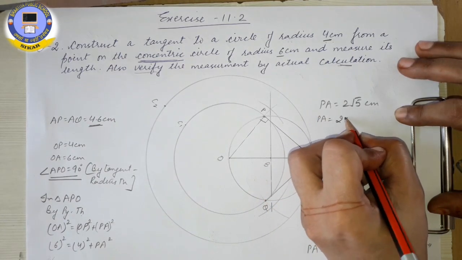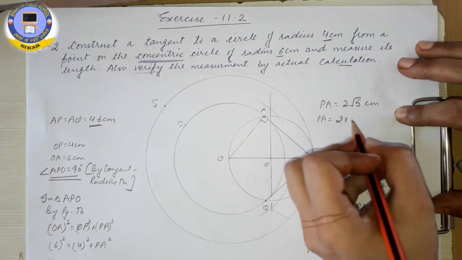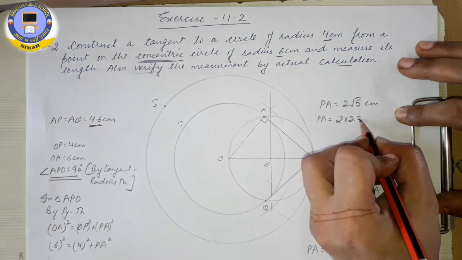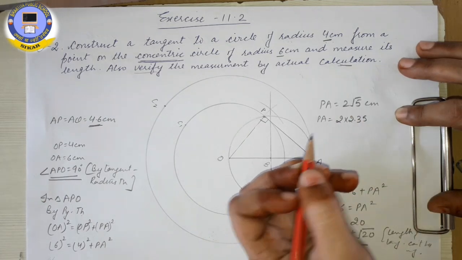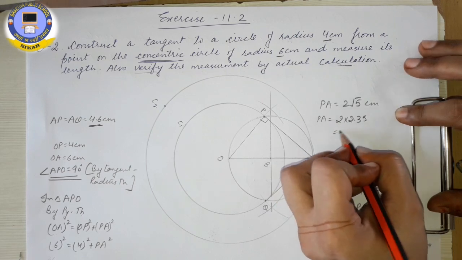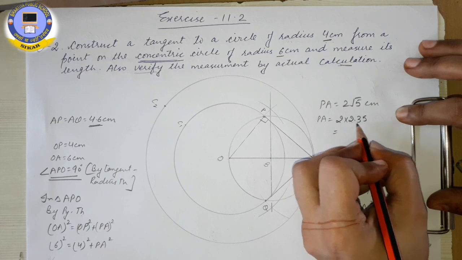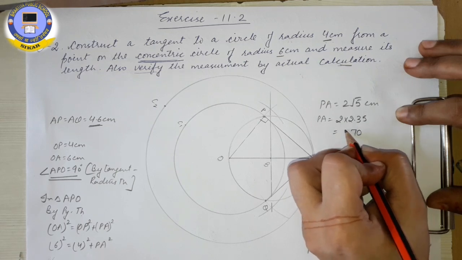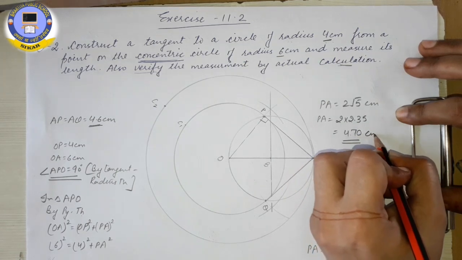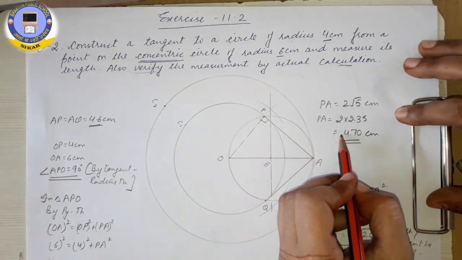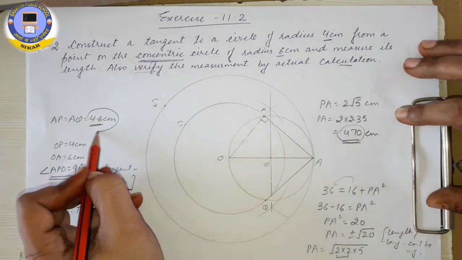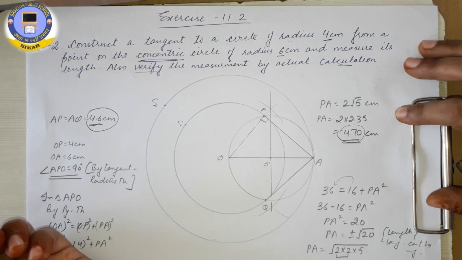So 2 multiplied by the value of under root 5, approximately 2.35. When you multiply it, you will get 2 5s are 10, 2 3s are 6, 7, 2 2s are 4. So 4.7 centimeter is length of PA, which is approximately equal to 4.6 centimeter.